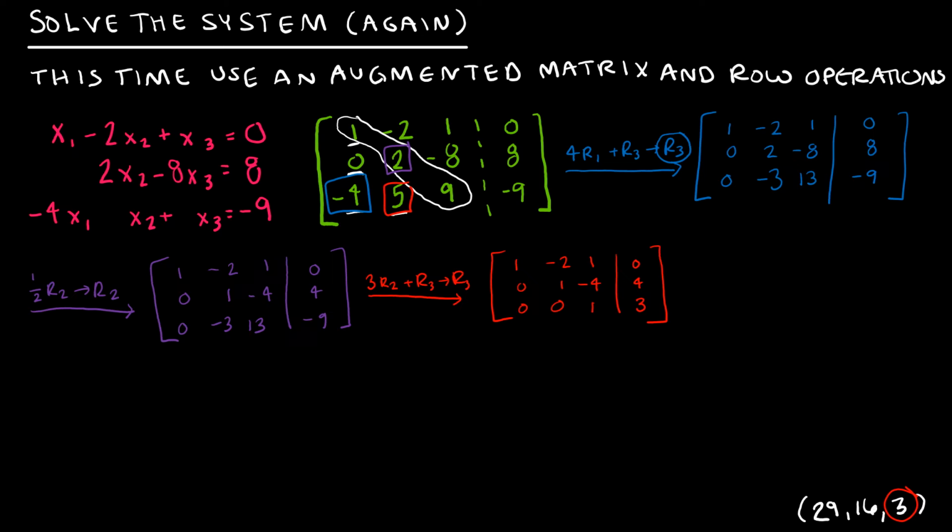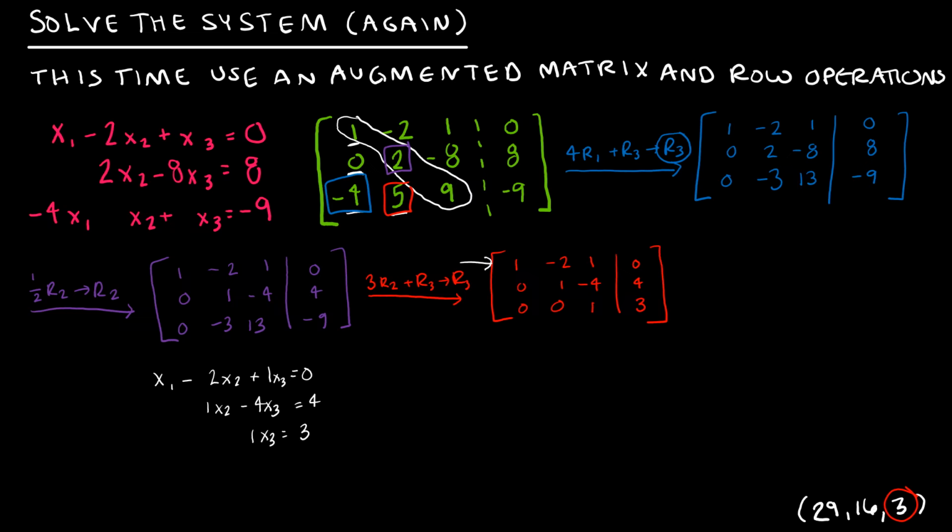So from here, I have a choice to make. Your book probably shows it to you this way: I can take this and turn it back into equations. x1 minus 2x2 plus x3 equals 0, and then 1x2 minus 4x3, whoops, I forgot my x3, equals 4, and then 1x3 equals 3.